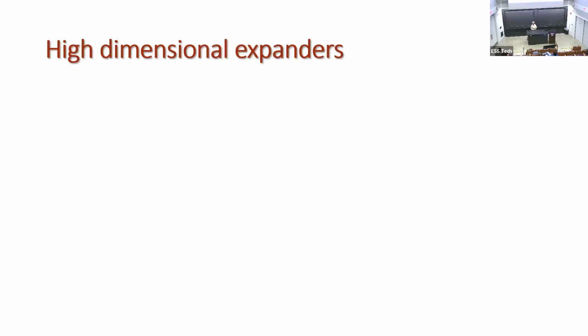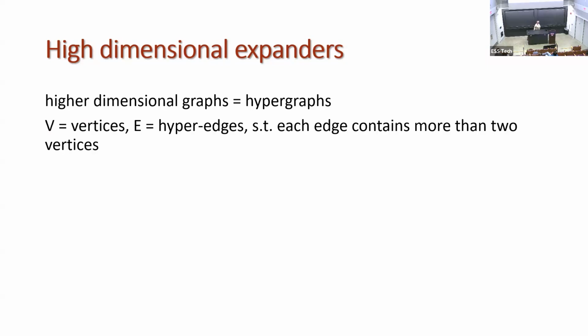OK, so what is this area? A graph, we said, has vertices and edges. What is a higher dimensional graph? Basically, you have vertices, and instead of edges just containing 2 vertices, maybe the edge contains more than 2 vertices. So it's just a hypergraph.